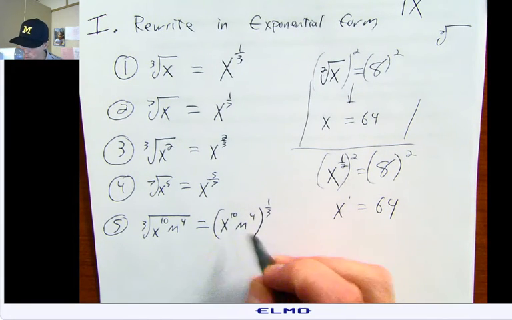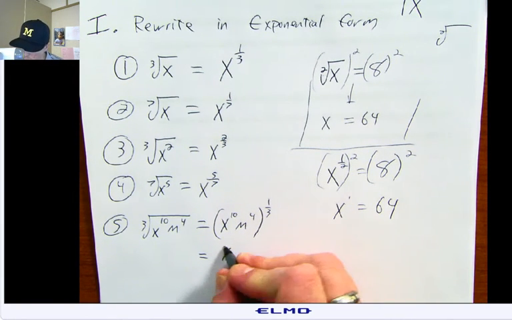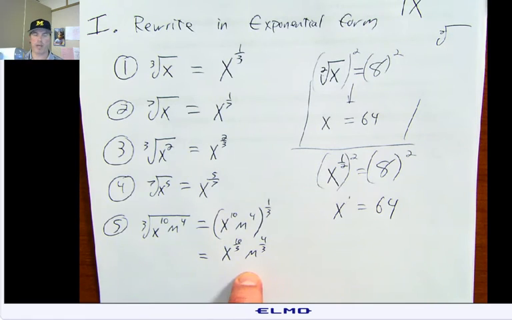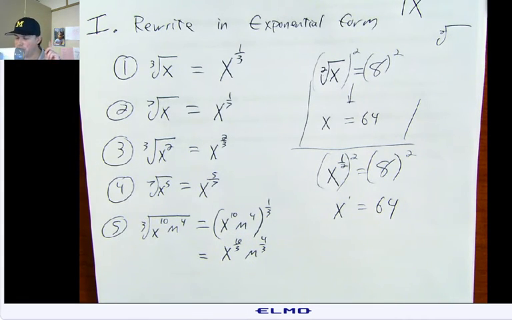And then if you distribute through using that power rule, you end up with x to the 10/3 and m to the 4/3. You could have just done that straight away and avoided this middle step too. Okay, so that is rewriting in exponential form.